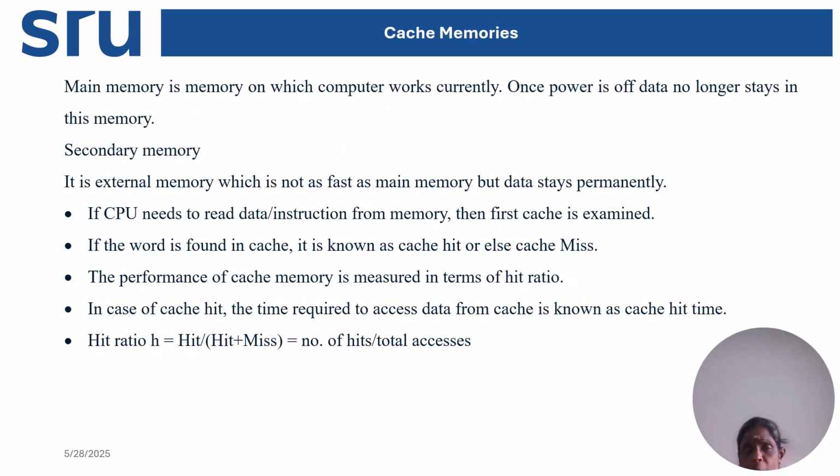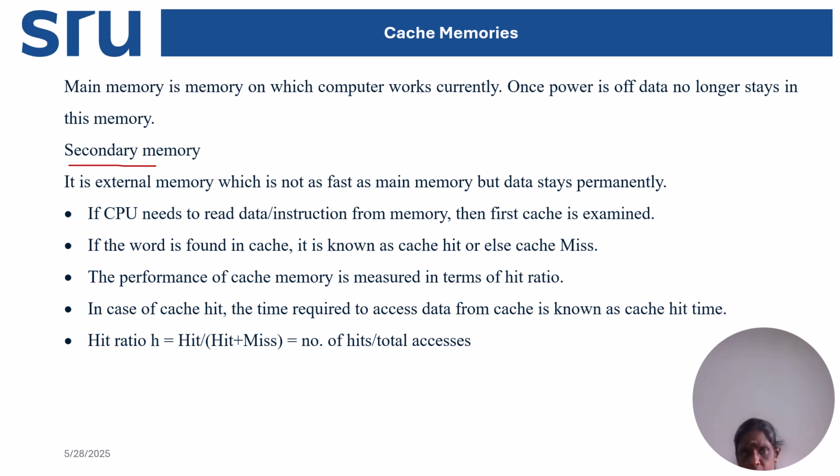Main memory is memory on which the computer works currently. So now the next one is cache memory. Once the power is off, data will no longer stay inside the memory. So that is random access memory. Our main memory is nothing but random access memory. Secondary memory is external memory.